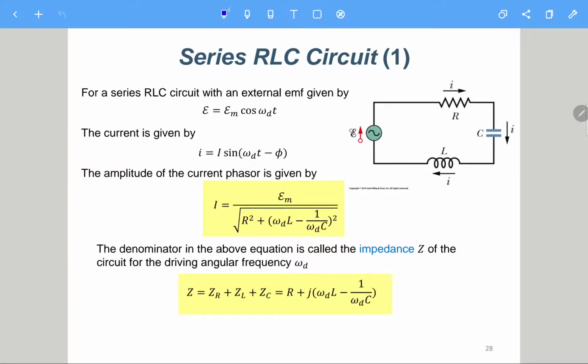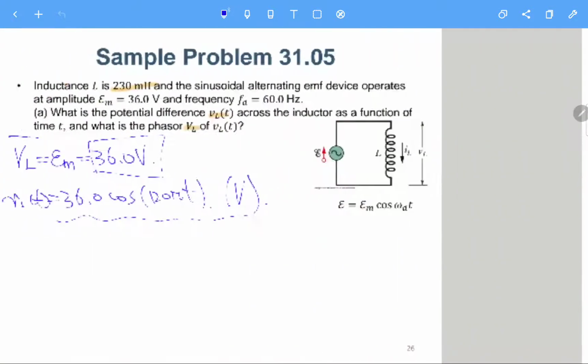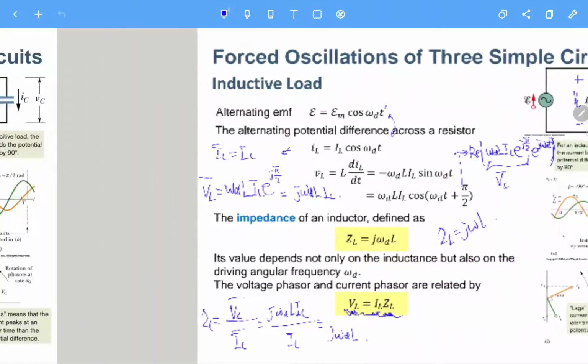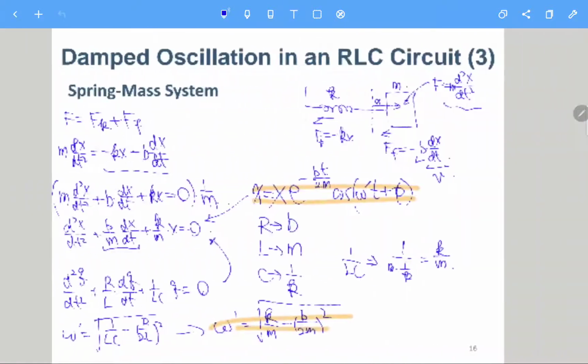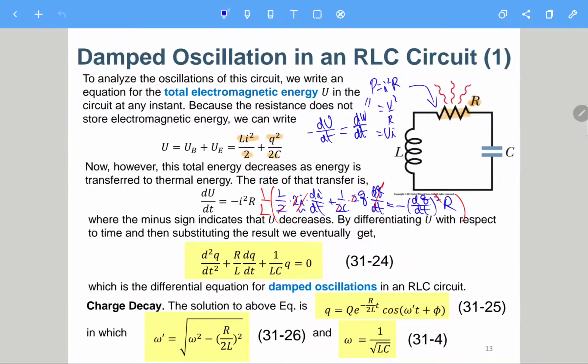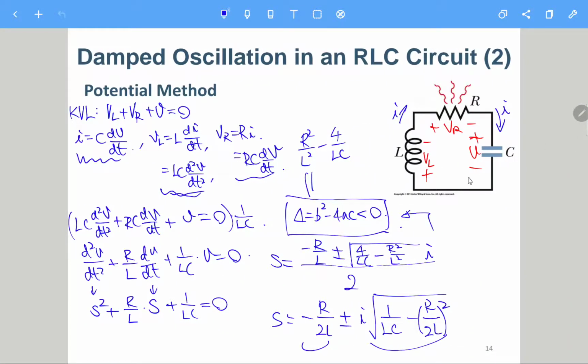Okay, now let's take a look at the general case. So here we have the series RLC circuit. So we have the AC source, R, C, L in series. Of course, you can just write the second order ODE, and then you only need to add a source here, which means that on the right hand side, you have a sinusoidal source.